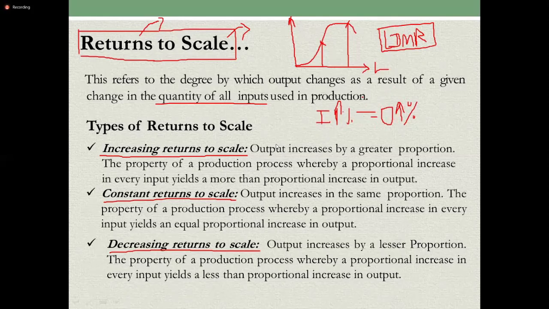Or simply remember that when the output is increasing by more than the percentage increase of the input, increasing returns to scale is occurring. When the input is increasing by 10% and the output is increasing by 20%, we identify that as increasing returns to scale.